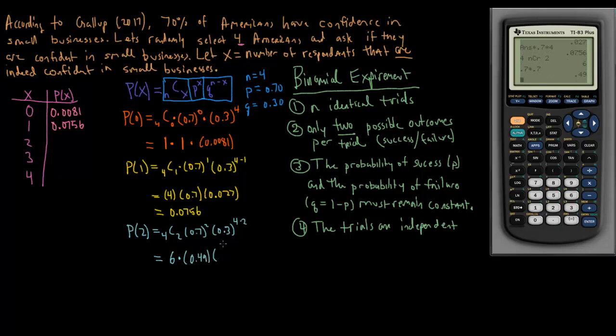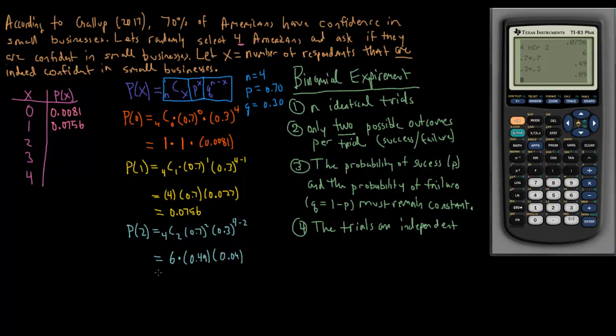And then we have 0.3 to the 4 minus 2 power. So that's 0.3 squared. Now, of course, 0.3 times 0.3 is like 3 times 3, 9, except we're going to move the decimal place. 0.3 times 0.3 is 0.09.